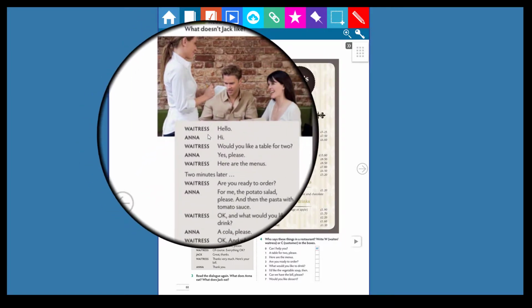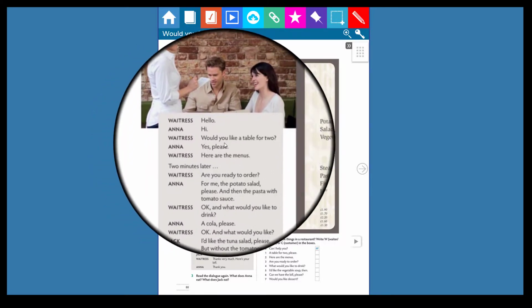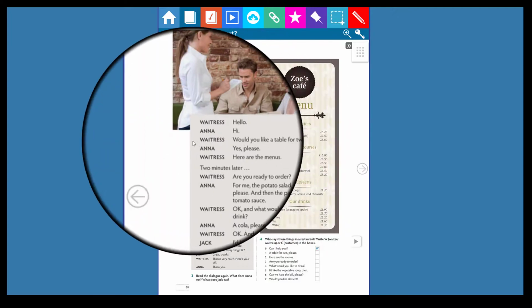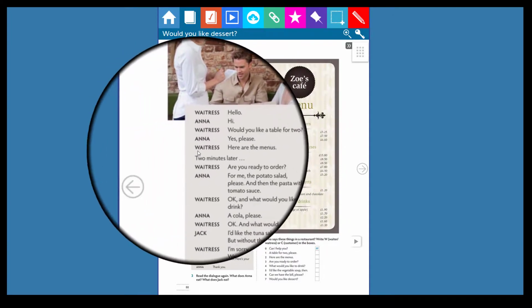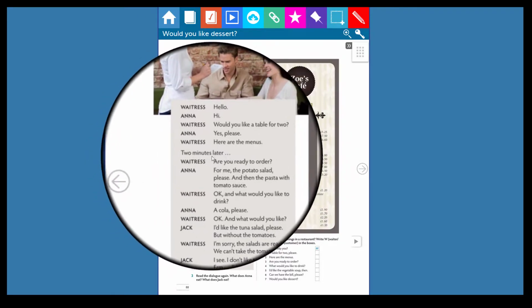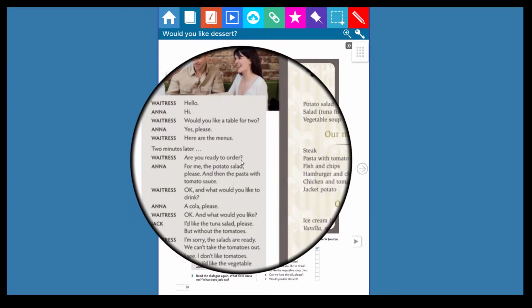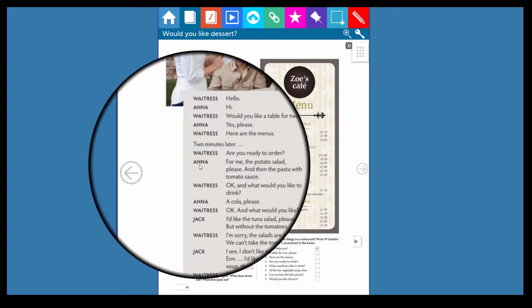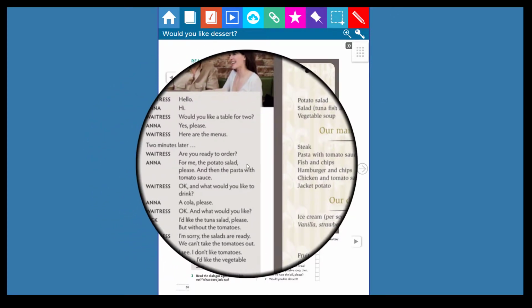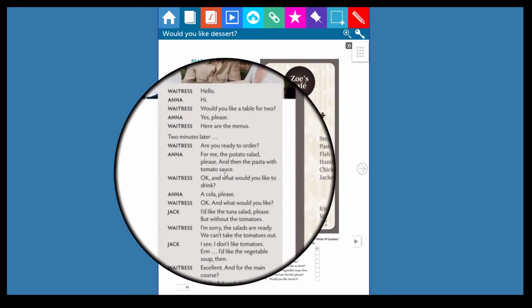The waitress says, "Hello, Anna, hi. Would you like a table for two?" Anna: "Yes, please." Waitress: "Here are the menus." Two minutes later, the waitress says, "Are you ready to order?" Anna: "For me, the potato salad, please, and then the pasta with tomato sauce."